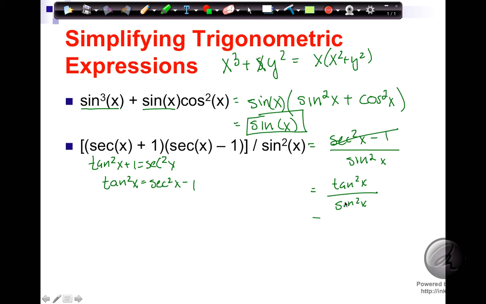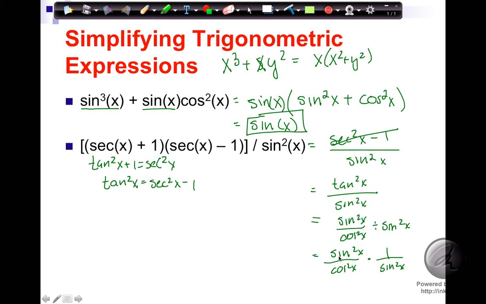All right, well, that's not simple enough for me. I know that tangent is sine x over cosine x, and I'm taking tangent squared divided by sine squared. Well, this is sine squared x over cosine squared x for the tangent times 1 over sine squared, right?